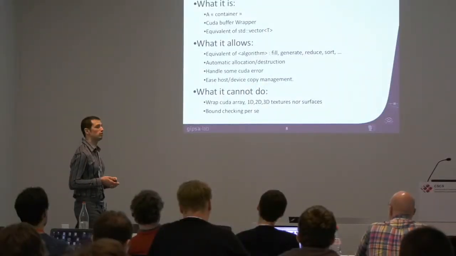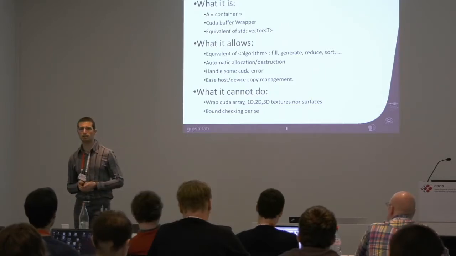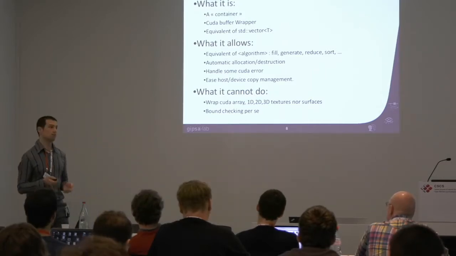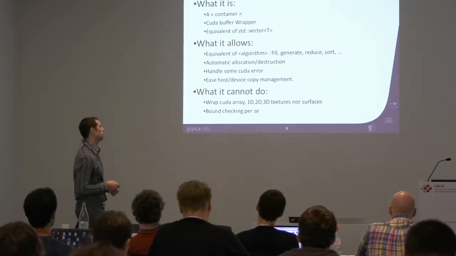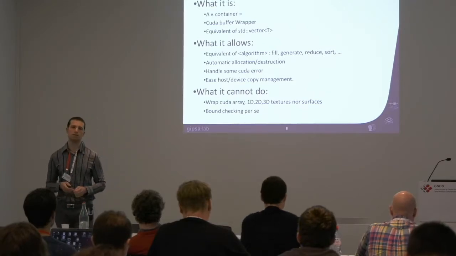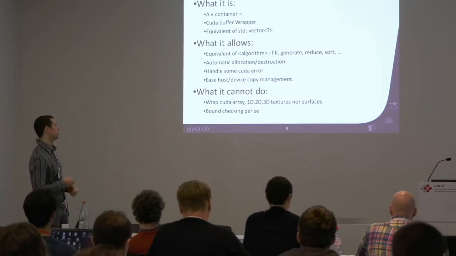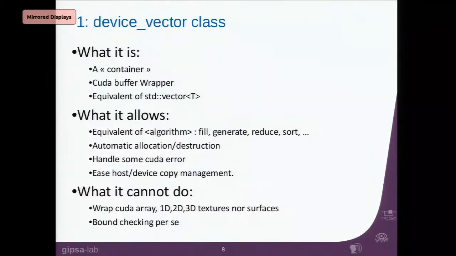What it can't do, for people that have already used textures for signal processing, for instance 2D or 3D textures, or surfaces, which is an API given by CUDA that allows to perform fast read-only lookups, you won't be able to use that through the device vector from Thrust.